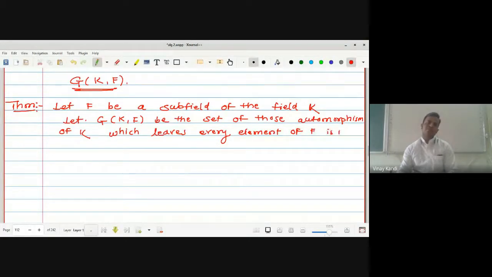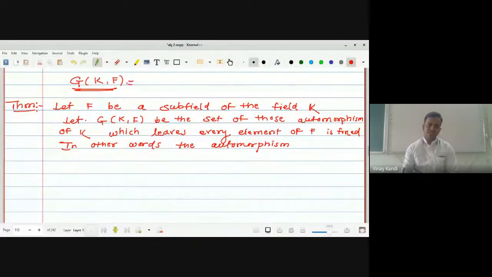In other words, the automorphism f of K. Automorphisms means all functions will be in it, sigma 1 or f1, f2, or f. Okay, small f.